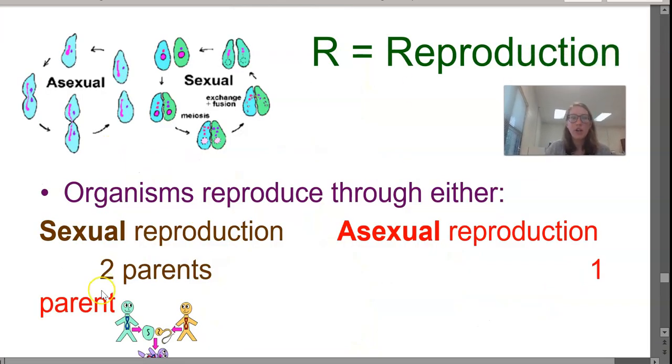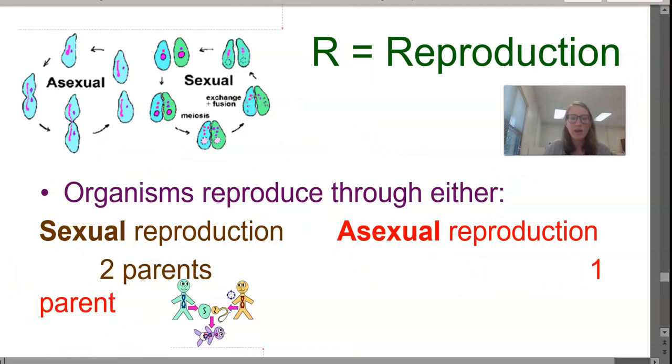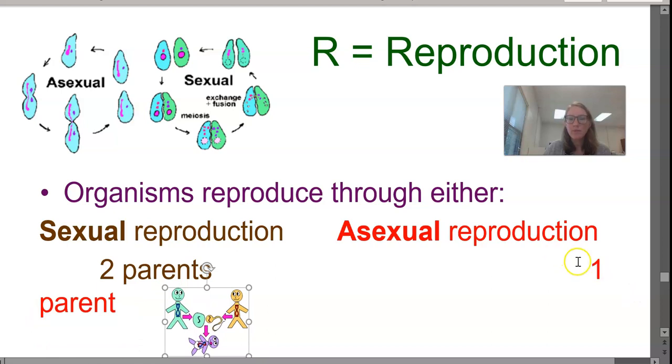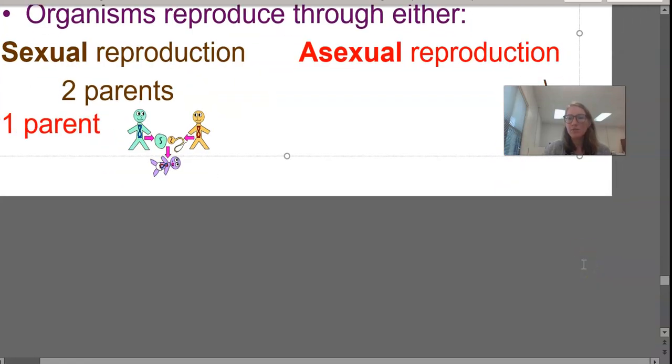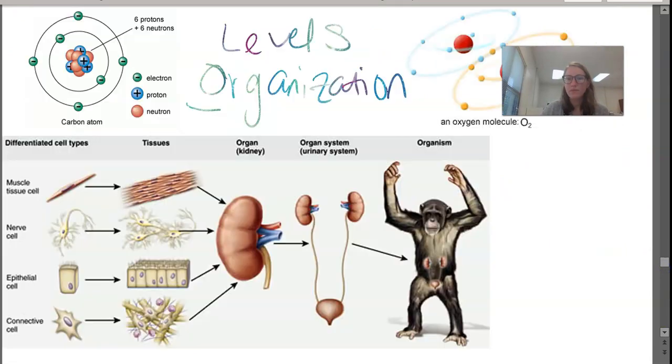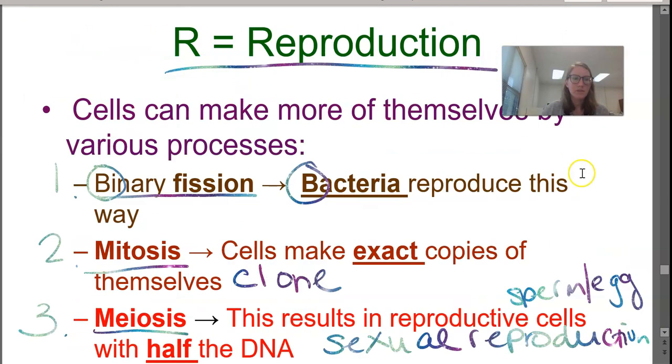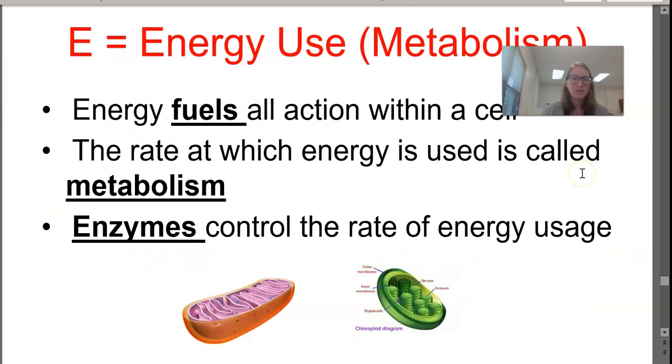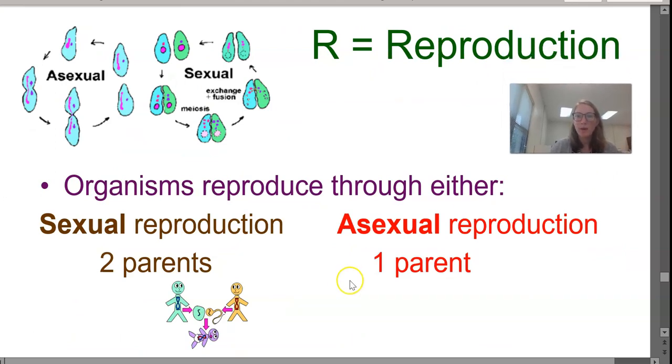So some more on reproduction. Remember, sexual reproduction, probably don't need to remind you guys this, requires 2 parents, whereas asexual reproduction just requires 1 parent.